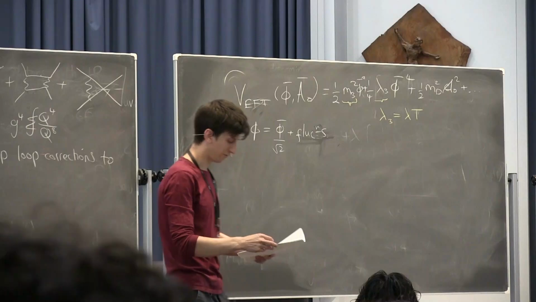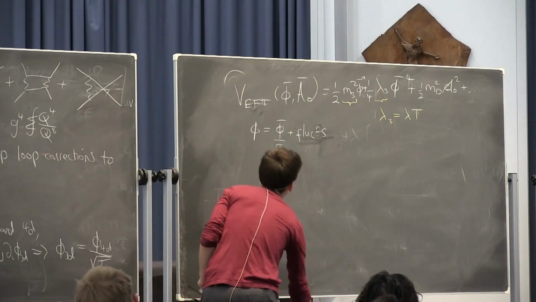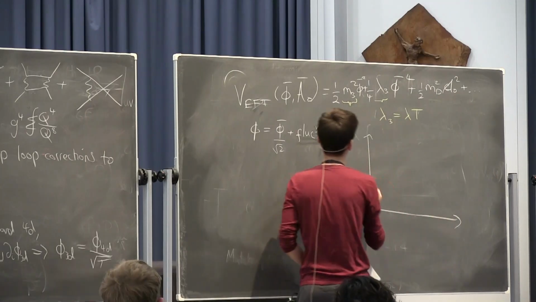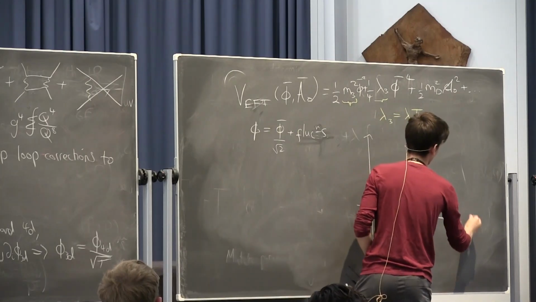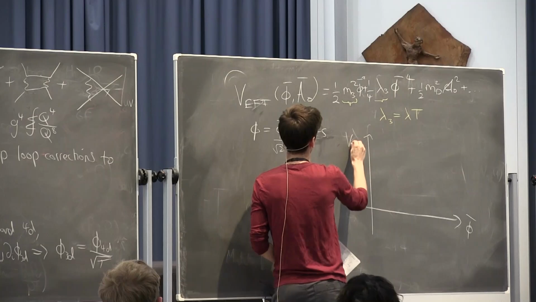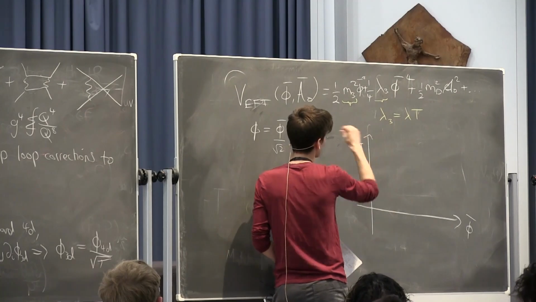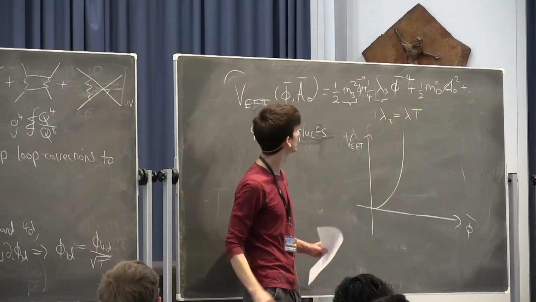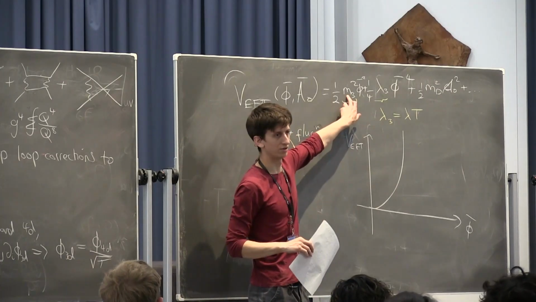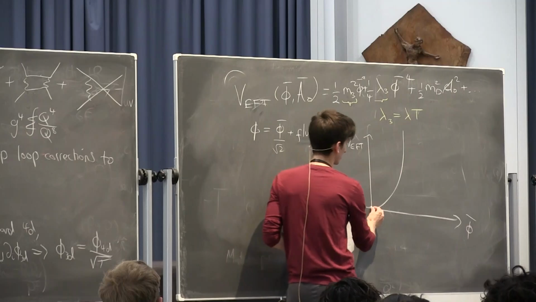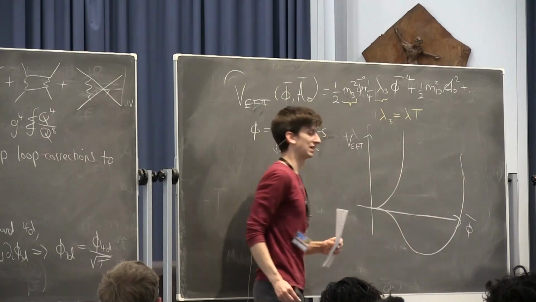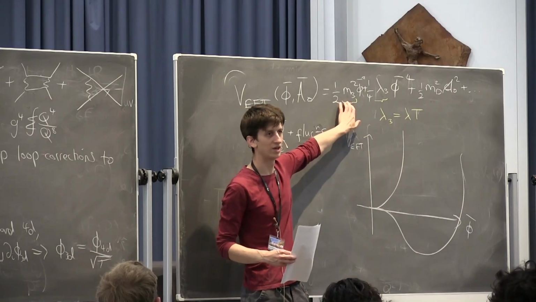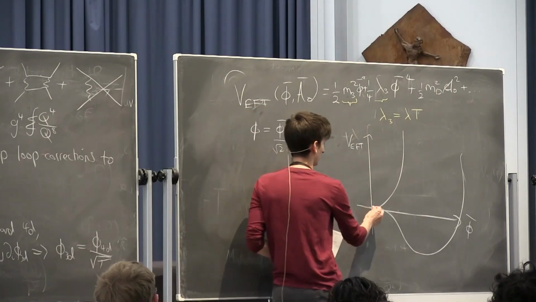If we just focus on the phi direction, we get the following picture. At sufficiently high temperatures, we have a potential which looks like this, because this is positive. At sufficiently low temperatures, we have a potential that looks like that, because m3 squared is negative, and in between it's 0.